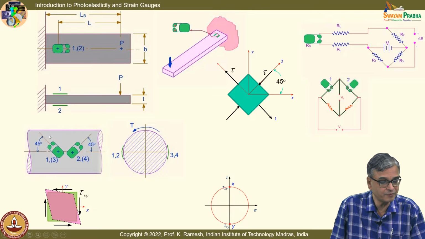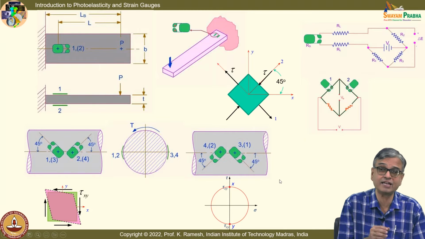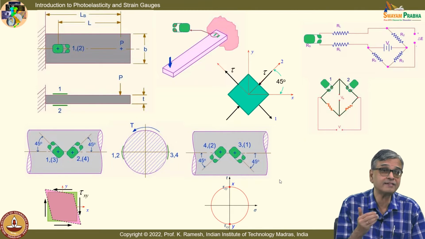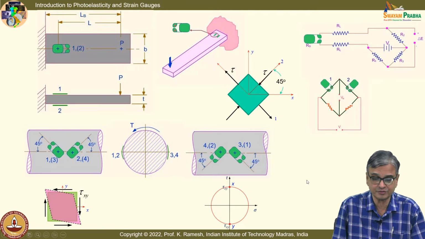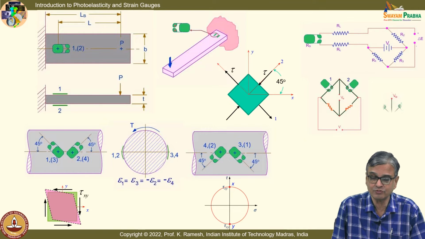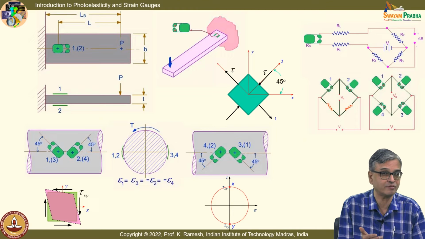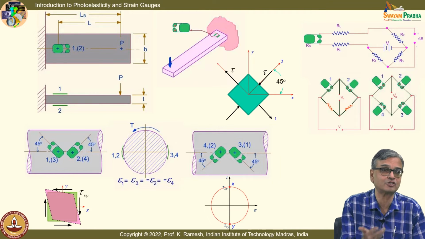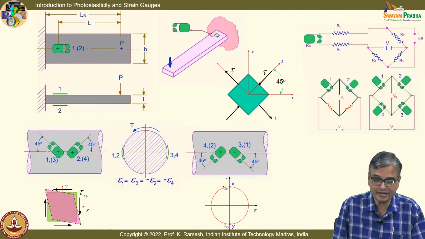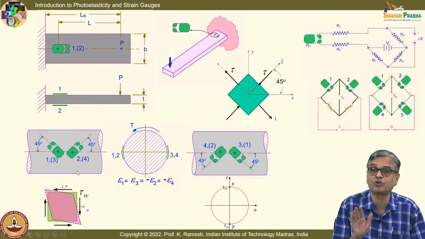Using this, we have identified that strain gauges have to be aligned at 45 degrees to the axis and connected appropriately in the Wheatstone bridge, so that I can quadruple the signal. That is the advantage. So, I can measure torque with much more accuracy when I use that as a torque meter. Okay. You have torque wrenches which measure the torque. So, you have definite applications. How do I put them? This is very important, tied to how I have pasted it on the shaft.